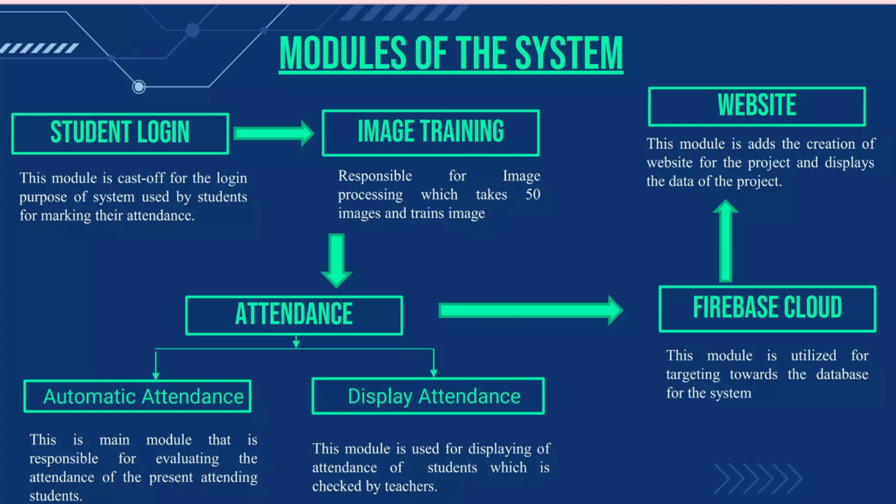Student login is the process where the email id and password will be taken from the student, and an OTP will be generated, and it asks for further details like phone number, name, address, everything. After this process is done, there is one more process, that is image training.